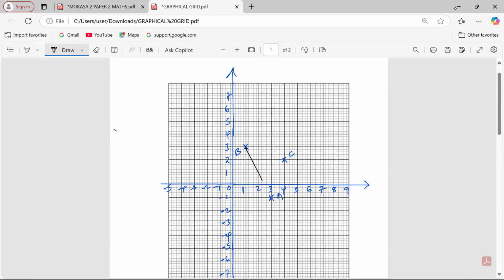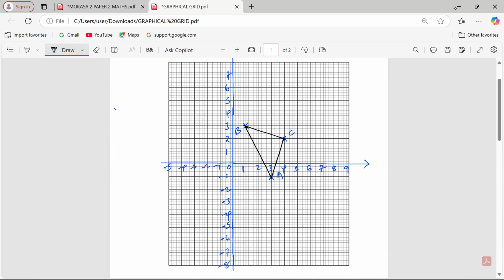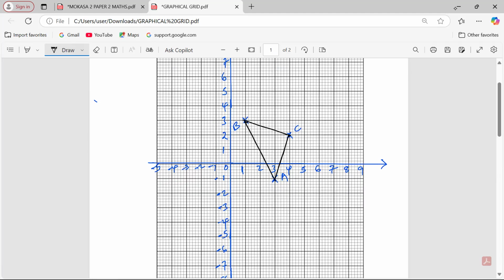AB, then C. From B to C, you connect that way. Then from C to A, that way. So this is the first triangle.